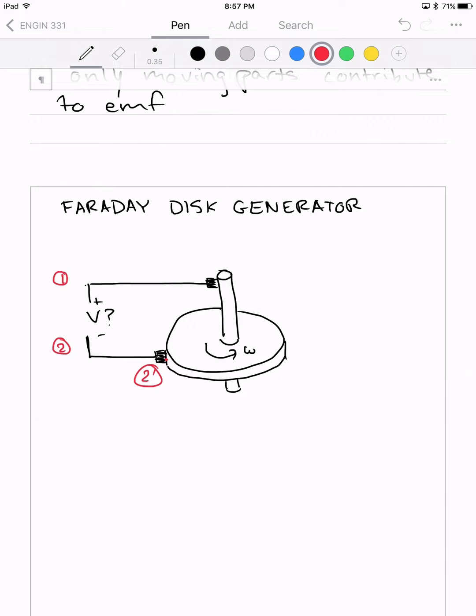To 3, which is also a point on the disc. To 4, which is the place where the disc hits the axis. To 1 prime, which is that top brush. So, only the part that goes 2 prime to 3 to 4 is made of the disc which is moving. Everything else is not moving.